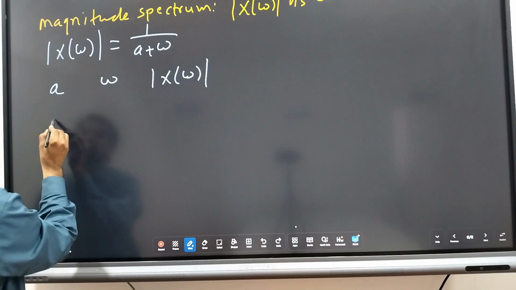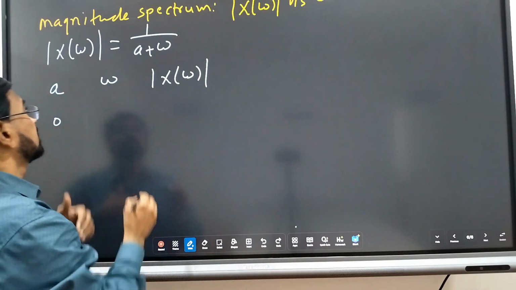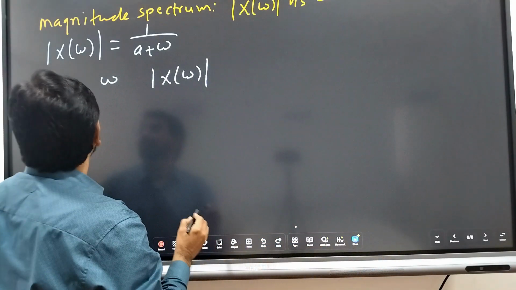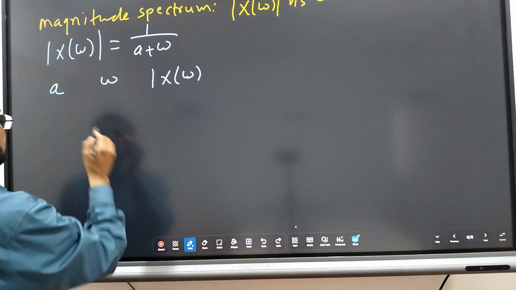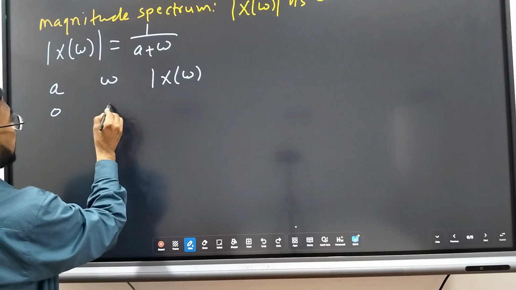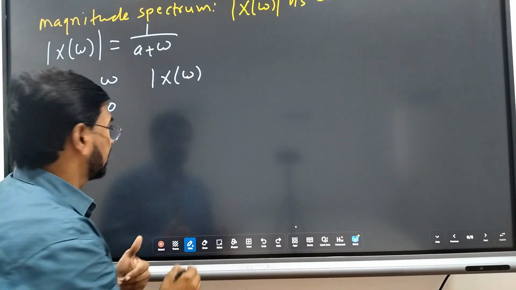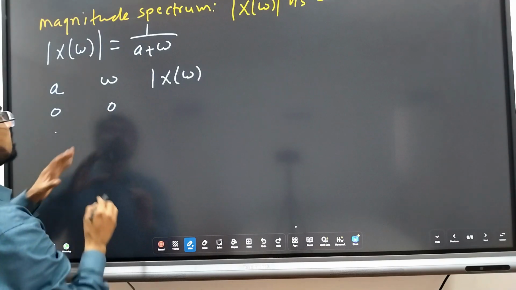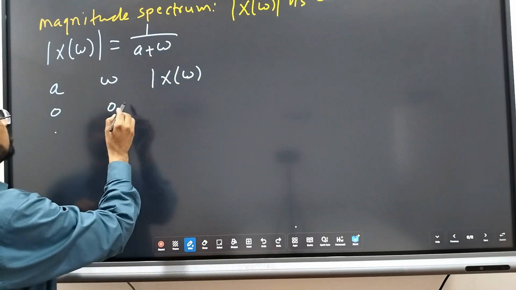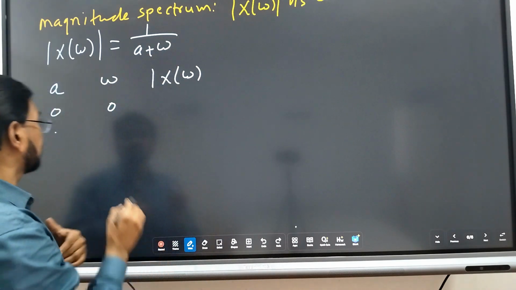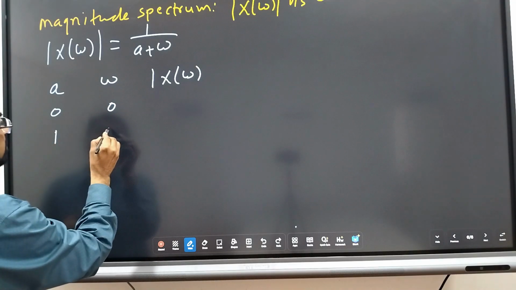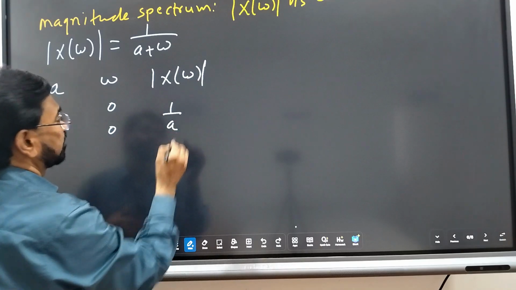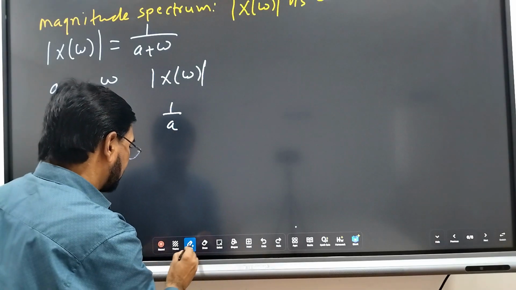Taking a as 0, omega equal to 0 gives nothing. When a equal to 1 and omega equal to 0, we'll get the magnitude equal to 1 by a. So let us plot the spectrum.